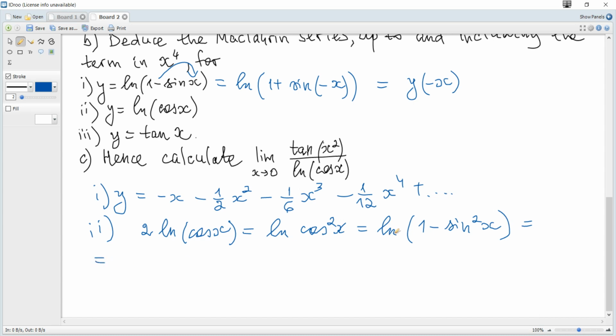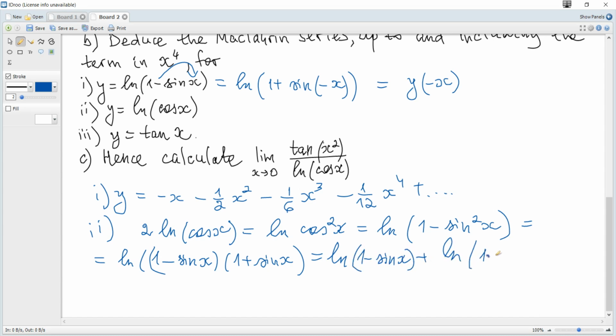Ln of 1 minus sine squared, this formula is a squared minus b squared, so it becomes ln of 1 minus sine multiplied by 1 plus sine, and ln of a product is the sum, so it's ln of 1 minus sine plus ln of 1 plus sine.